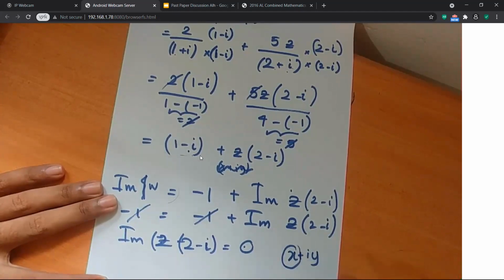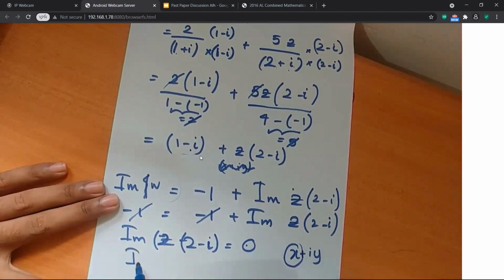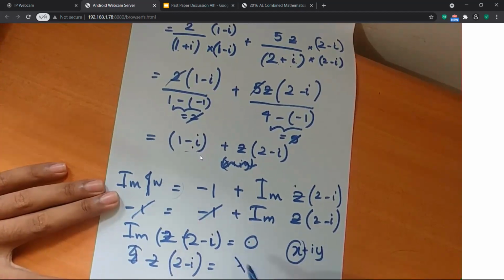So we can just say that z times 2 minus I, this complex number, is not actually a complex number but just a real number. We can just say it's lambda. So from this we can identify that z times 2 minus I is a real number. So that's one part we can get.